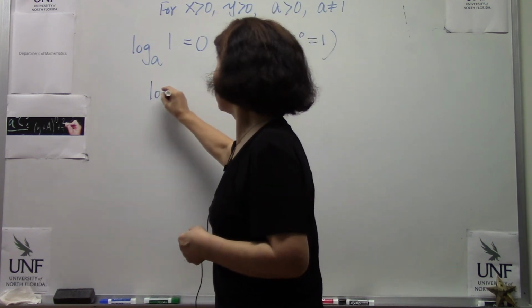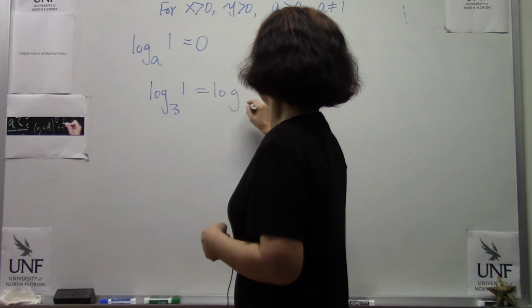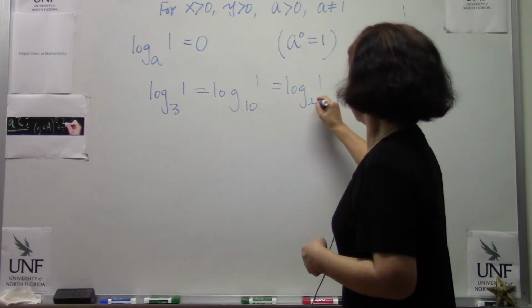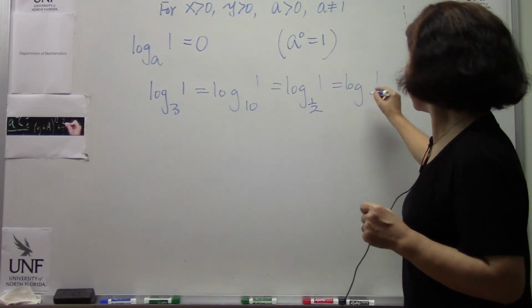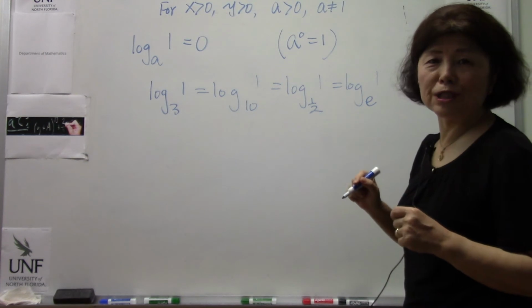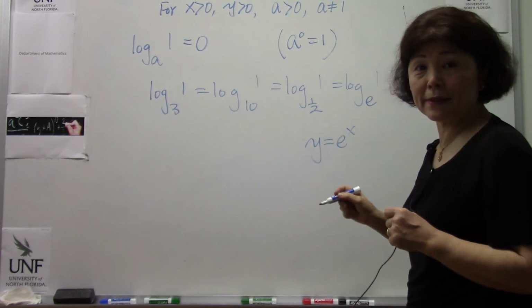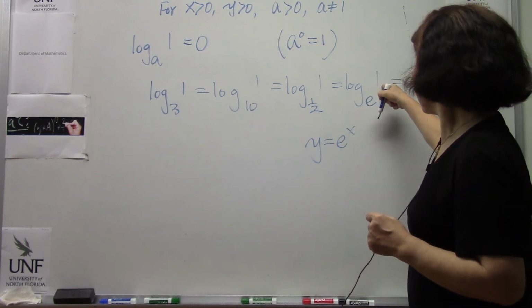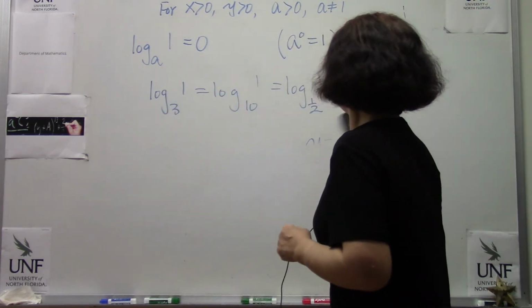Okay? So log 1 to base 3, log 1 to base 10, log 1 to base 1/2, and yes, we can use the number e. Did we learn this e to the x? Okay, so this number e. Anything you have, the answer is going to be 0.